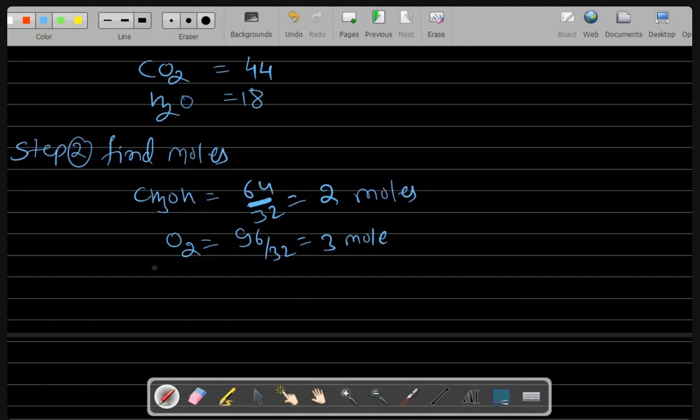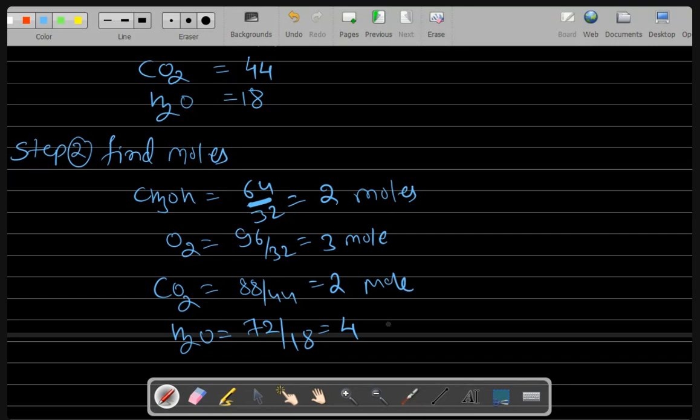CO2: 88 divided by 44 is going to be 2. And H2O: 72 by 18 is going to be 4 moles, correct? So now these are our stoichiometric coefficients: 2, 3, 2, 4. That's going to be the ratio, correct?